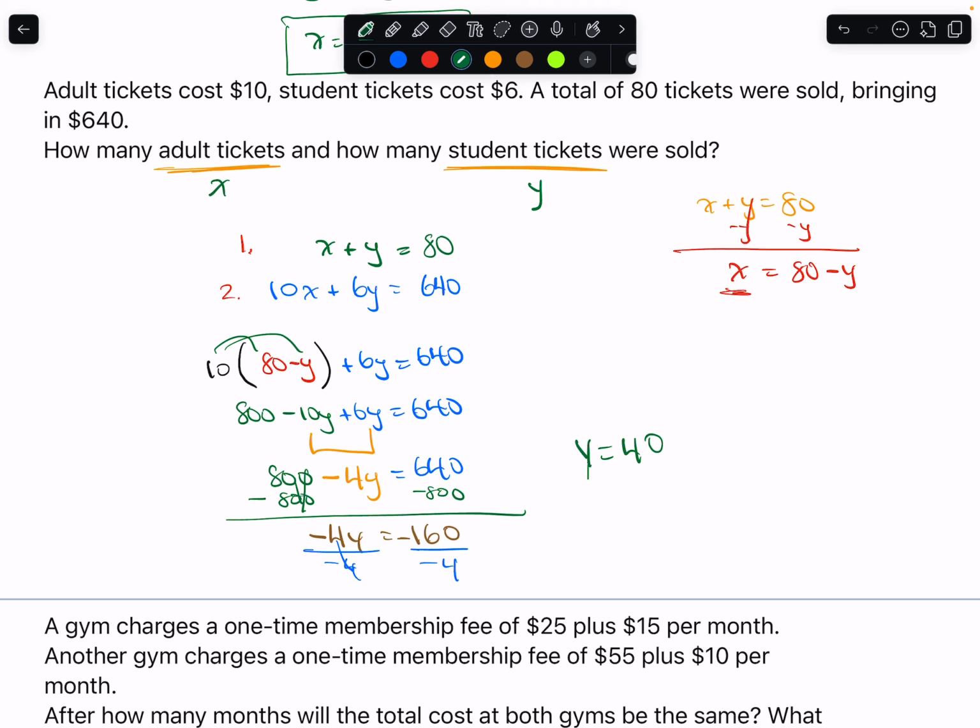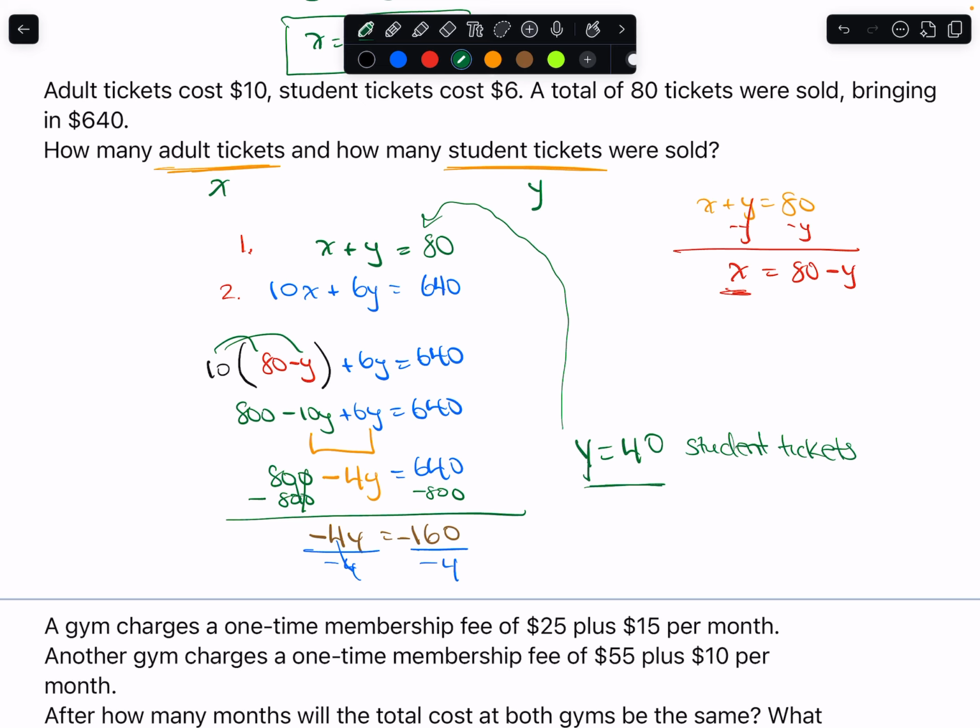And what does y represent? Y represents the number of student tickets. So this is 40 student tickets. Now I can take this answer that we have here and plug it into our original equation, the first one, and I can now solve for the amount of adult tickets.